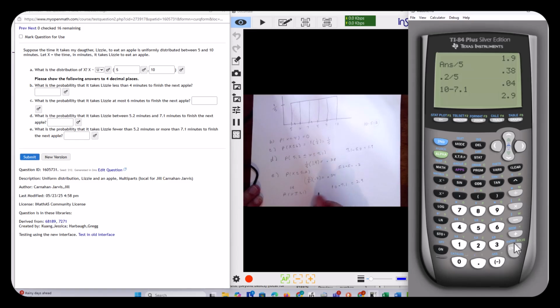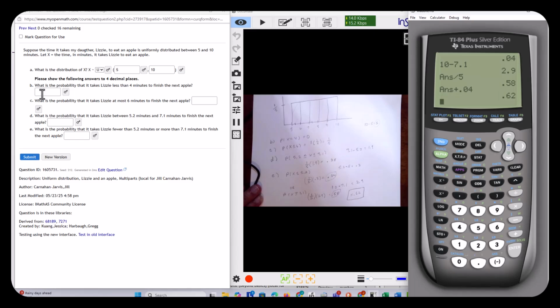So we'll take the 1/5 times the 2.9, and let's divide that by 5, which is 0.58. Since this is an OR, I'm going to be taking these two and adding them together. So I got the 0.58 in there, plus 0.04, equal to 0.62. Alright, let's go fill these in.